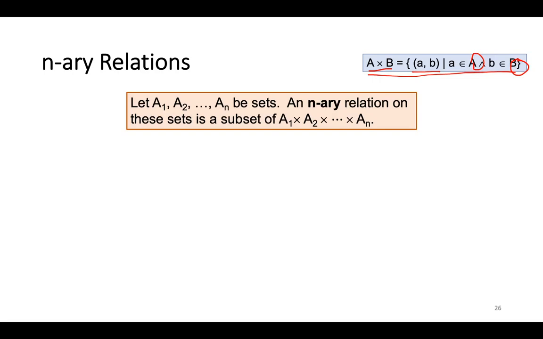So for example, there are sets A, B, C, and 1, 2, 3, and alpha, beta, gamma, and triangle, rectangle, circle.